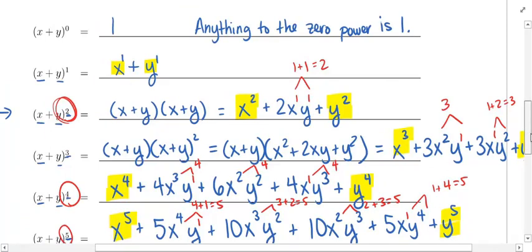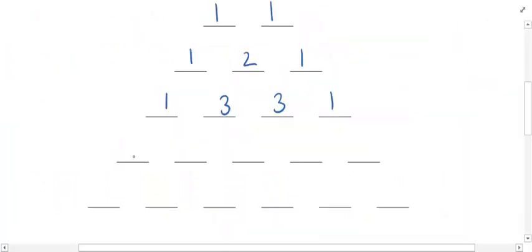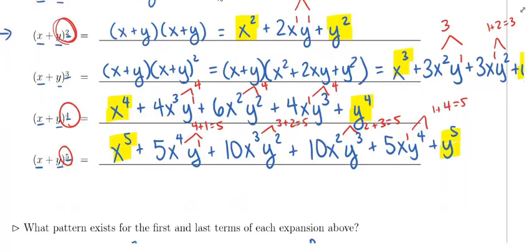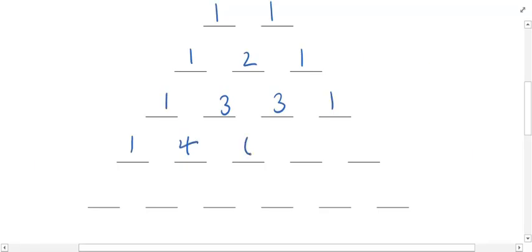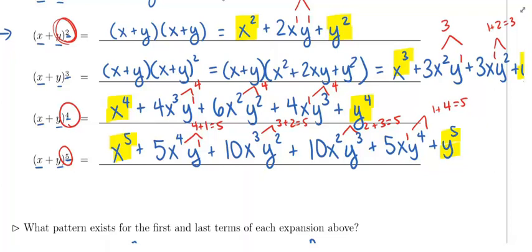The coefficients I see: 1, 4, 6, 4, 1. Oops, I forgot, 1, 4, 6, 4, and 1. I promise we're doing this for a reason. Last one that we'll write down. (x + y) raised to the fifth power: 1, 5, 10, 10, 5, and 1.